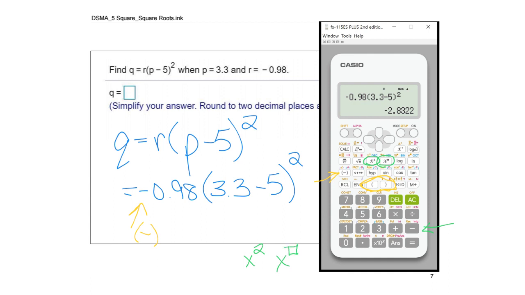It's going to end up looking just like it does in MyStatLab. At that point, you hit your equal sign, and we get negative 2.8322. But they want 2 decimals, so I'm going to round at the 3. I've got to look at the 2, and that would give me negative 2.83.